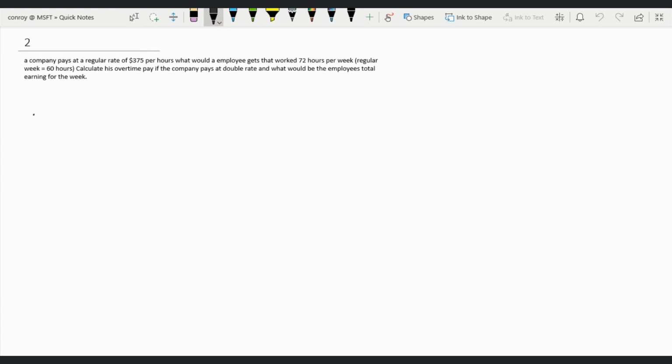So our regular rate is equal to 375, and the hours worked equal to 72. We know that to calculate the overtime, you would subtract 60 from 72, and the remaining would be 12 hours.